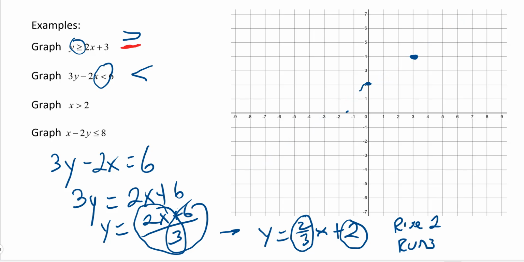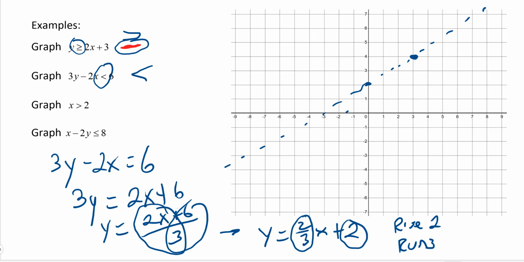What you do is you make it a dotted line. And I'm going to explain later on why that makes sense. But the rule is, if you have an equals on it, solid line. If you don't have an equals, like on this problem, dotted line.